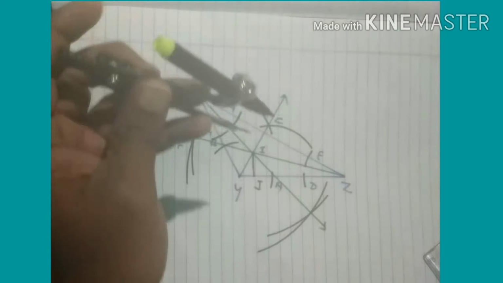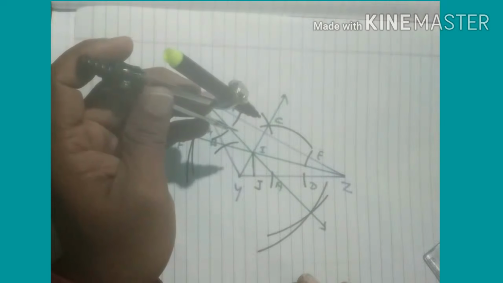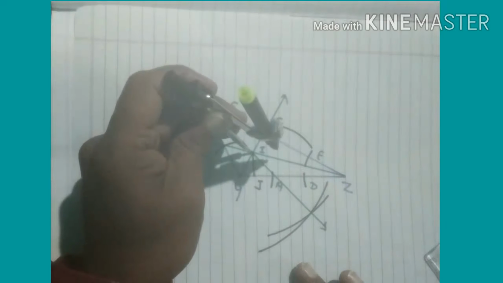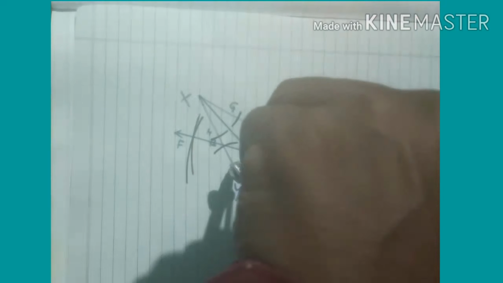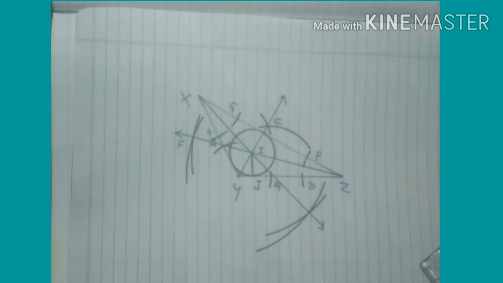Put the tip of the compass on I and tip of the pencil on J. I have done it, and draw a circle. So let's draw it. Done. Finish.